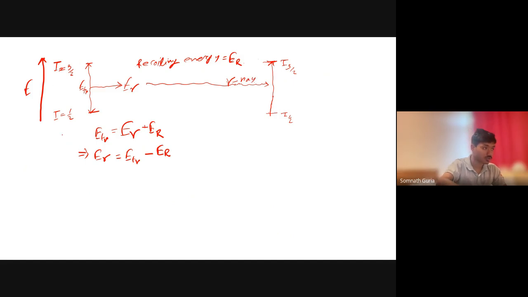This is my source, and this is my sample. Here also we are actually getting some, this is E transition, gamma ray.